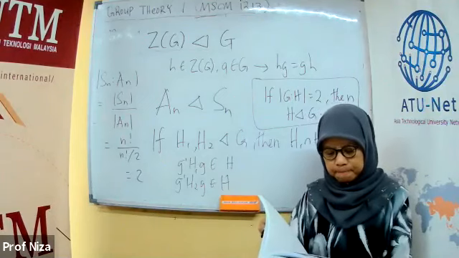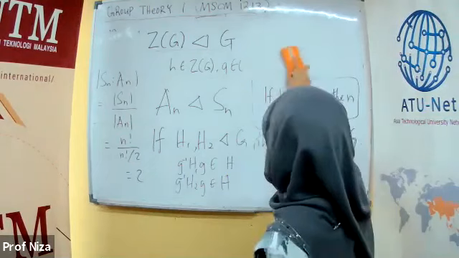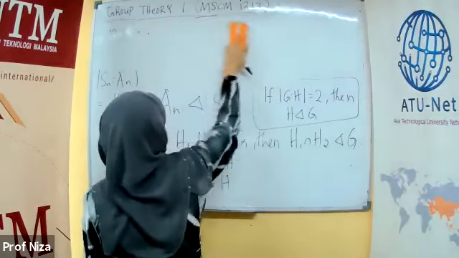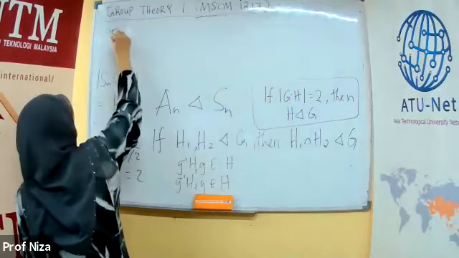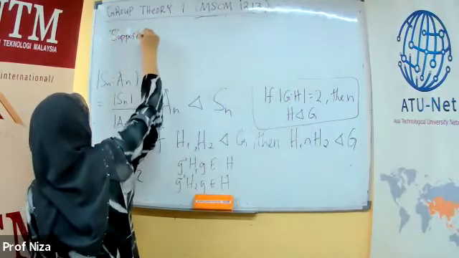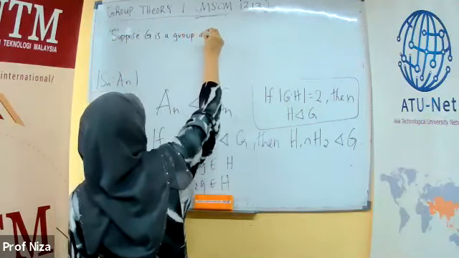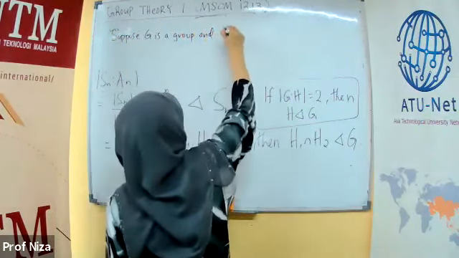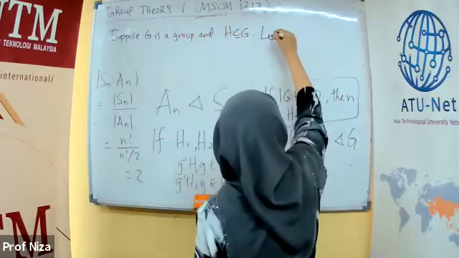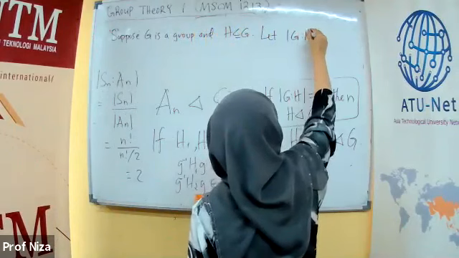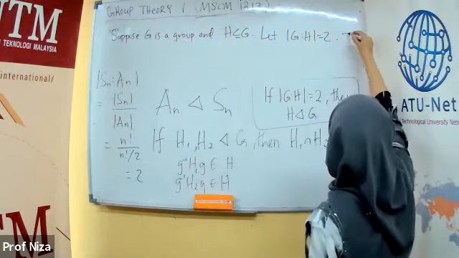Okay, how is it easy to prove? Suppose G is a group and H is a subgroup of G. Let the index of H in G be 2.